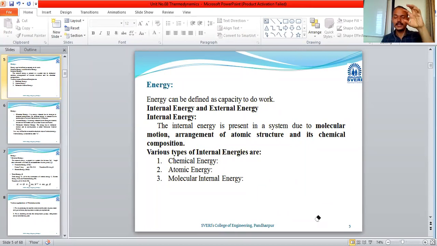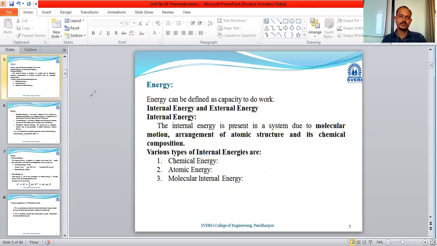In molecular internal energy, each and every molecule is responsible for or possesses some amount of energy. Okay, I will give you an example related to temperature.